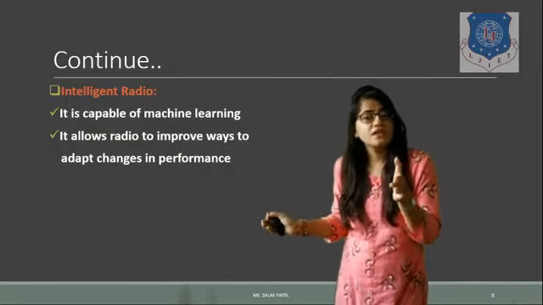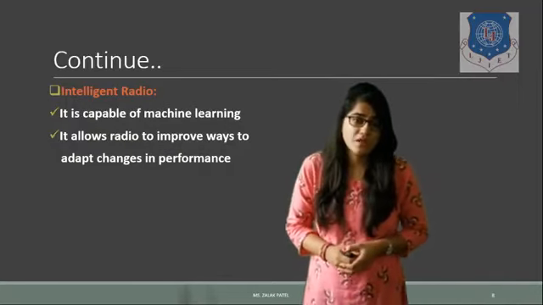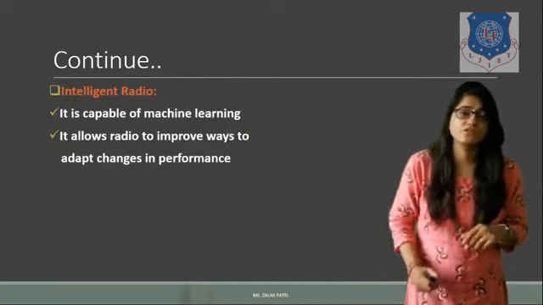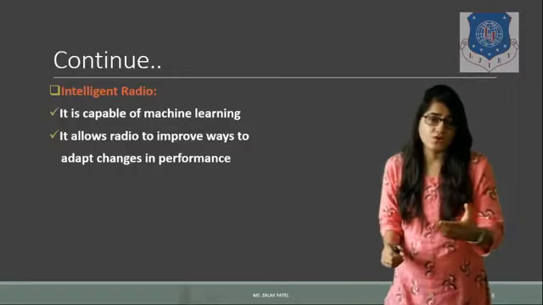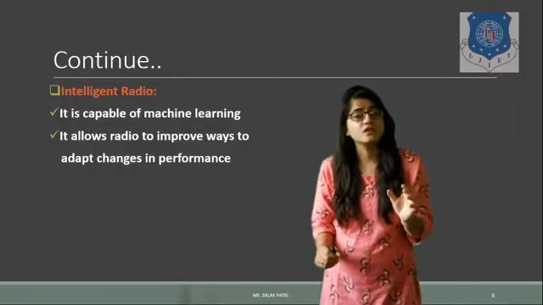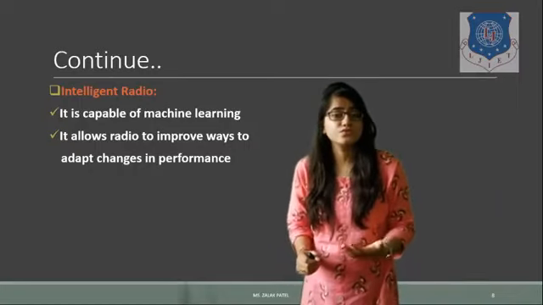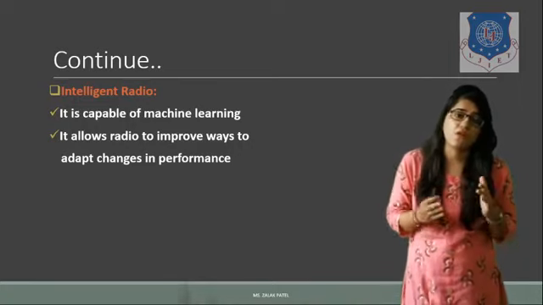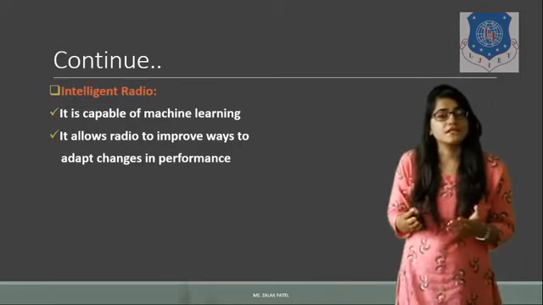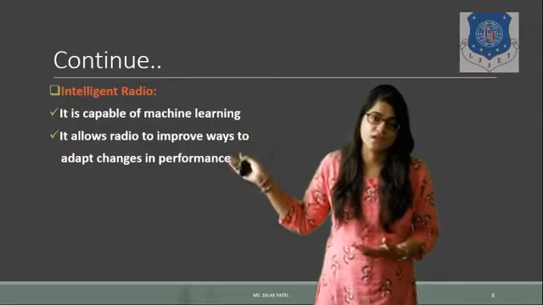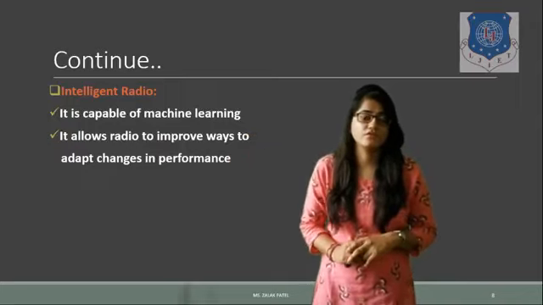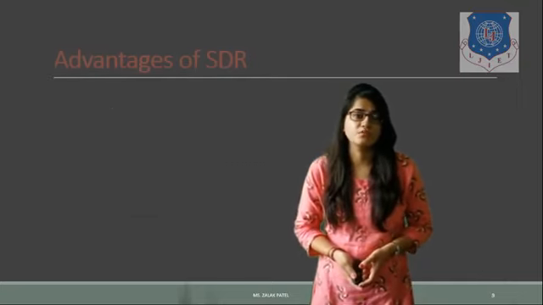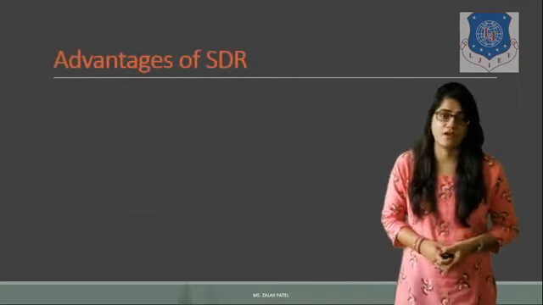Means adaptively changing information can also be passed using this intelligent radio, like in the case of the adaptive radio we have seen, and it also uses the concept of machine learning, or it also uses the cognitive radio concept, means it uses the best features of the adaptive radio as well as the cognitive radio and then generates the output. So this is the third case of the radios, that is intelligent radio, which is one of the most important technologies for the software-defined radio.